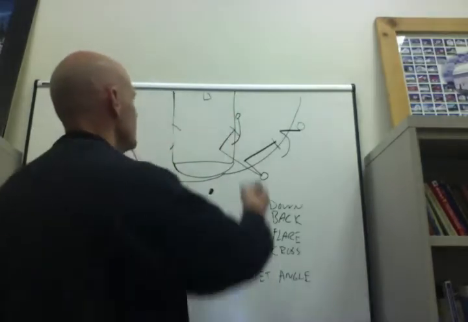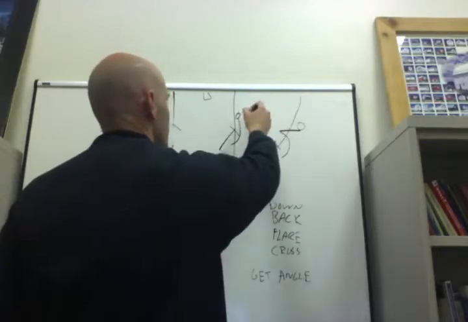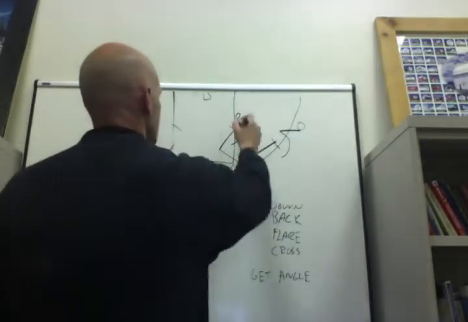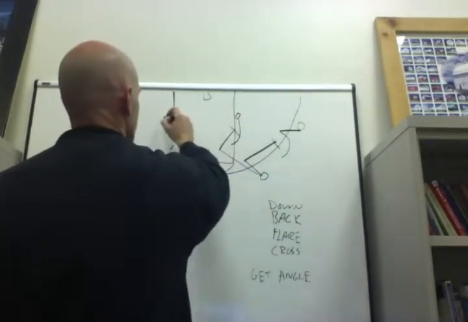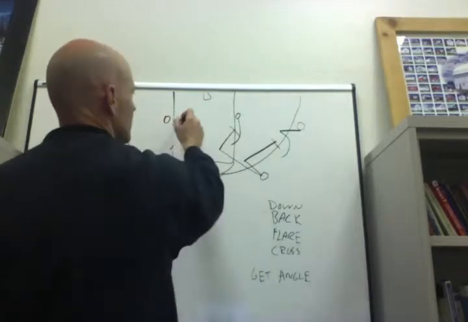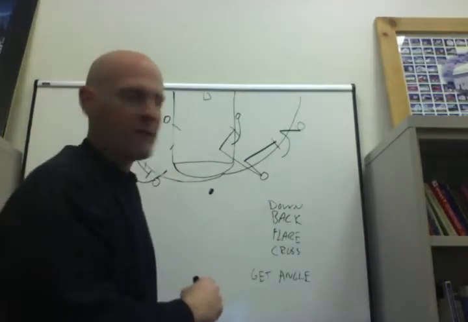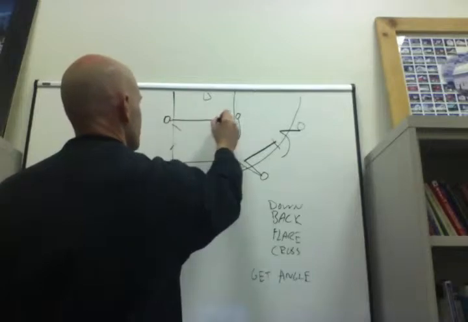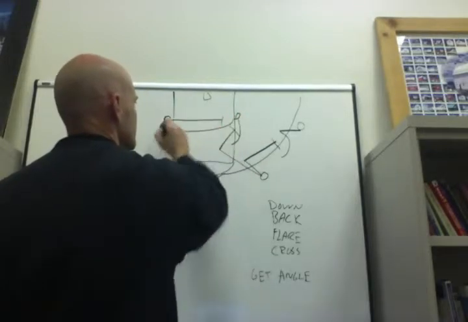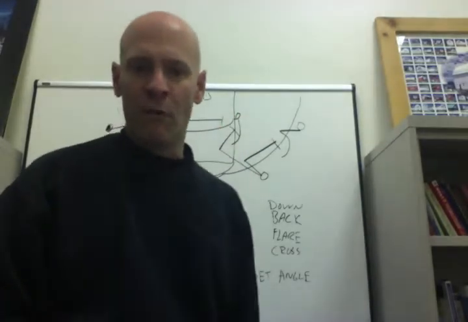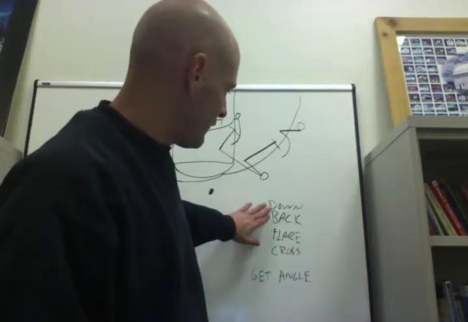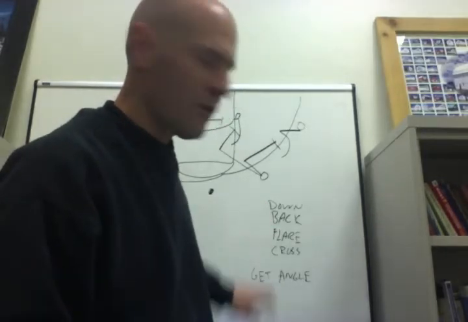Cross screen is butt to the sideline. So if we happen to have a screen here, let's say the ball's here now, this guy's going across the screen, they've got their butt to the sideline. So those are the 4 different screens that we use: down screen, back screen, flare screen, cross screen.